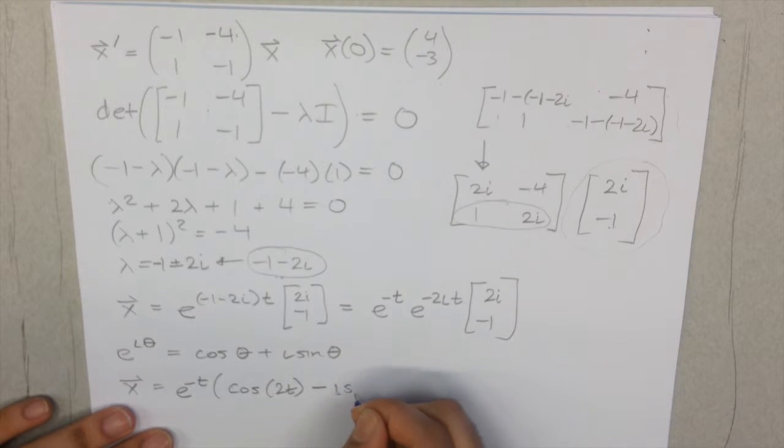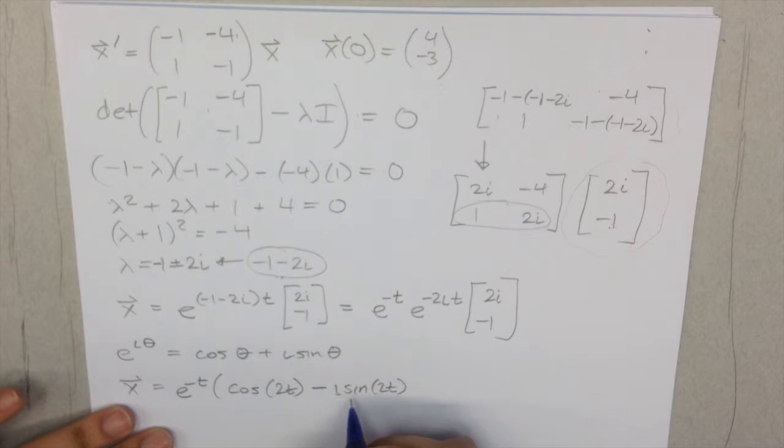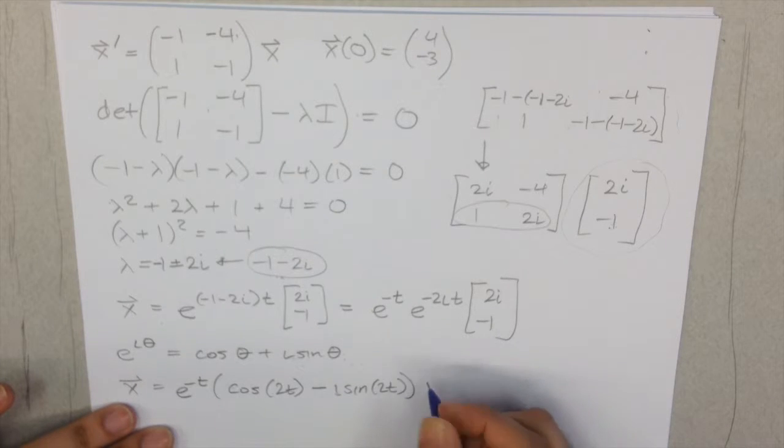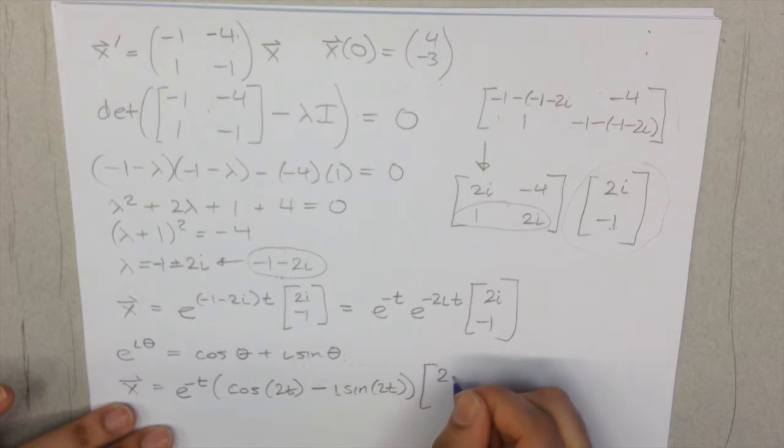Then negative i sine of 2t, because sine of negative 2t is negative sine of 2t, so I put the negative here. And I multiply it by the corresponding eigenvector.